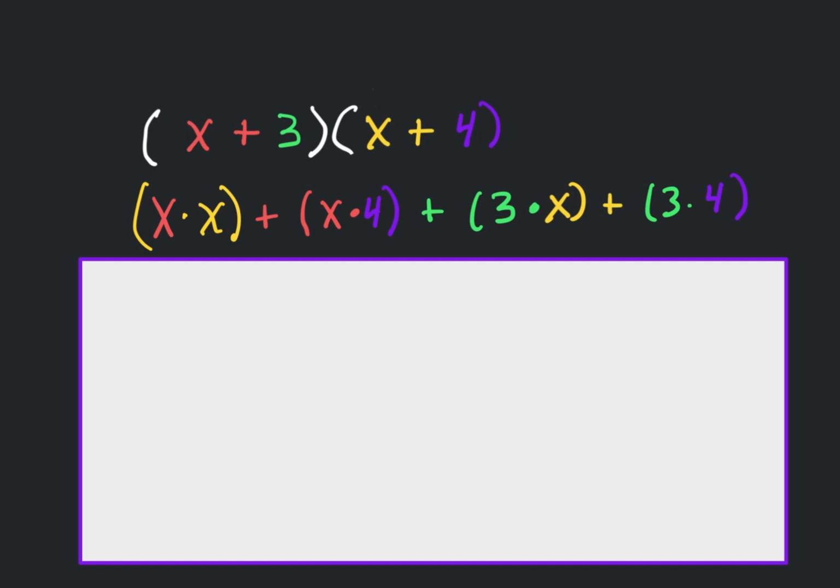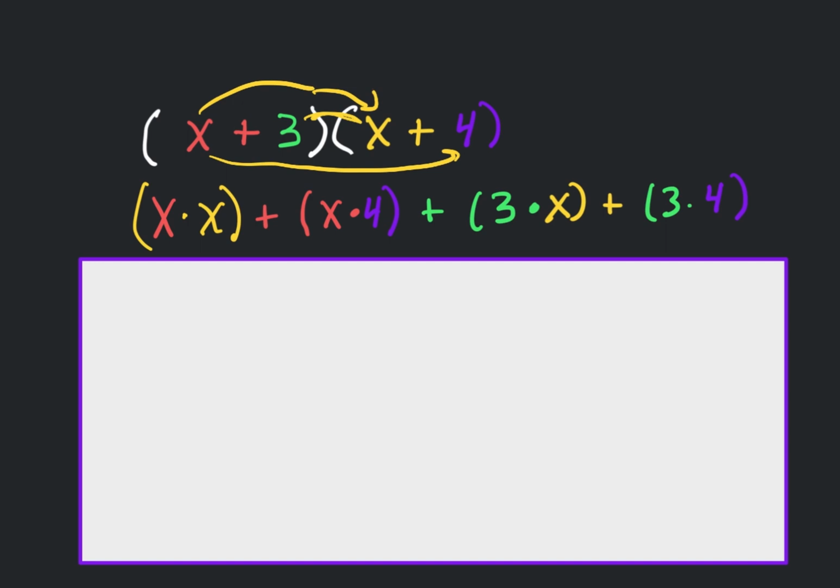So it's plus outside, x times 4. So those are our outside terms. So if we drew the arrows, so we have first, outside. Now the 3 times x is our inside. Our inside is right here, 3 times x.